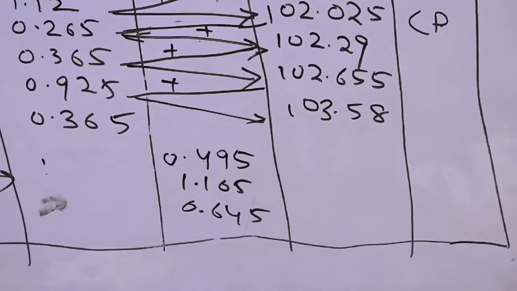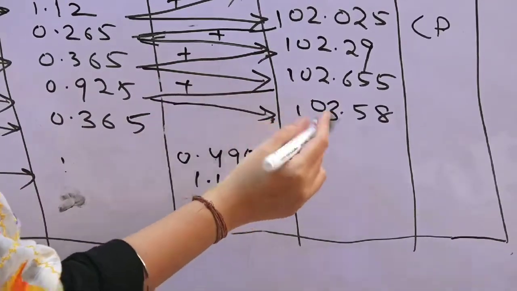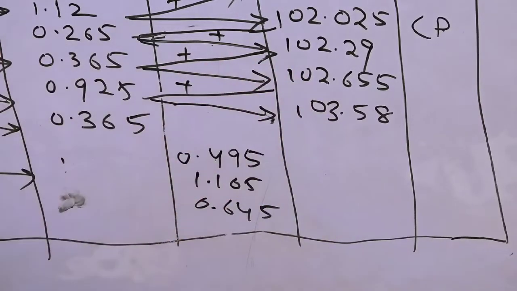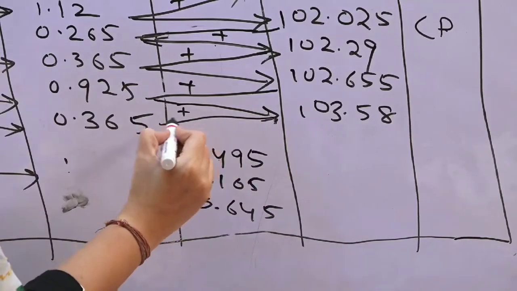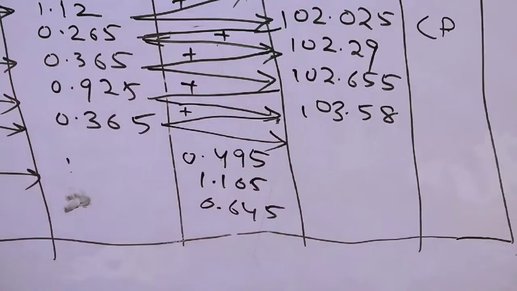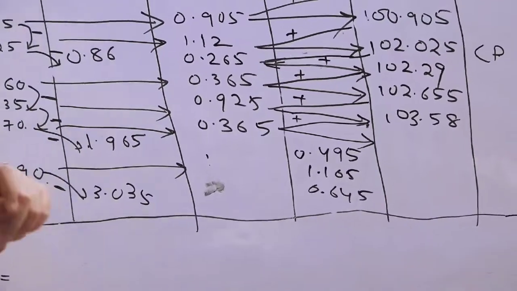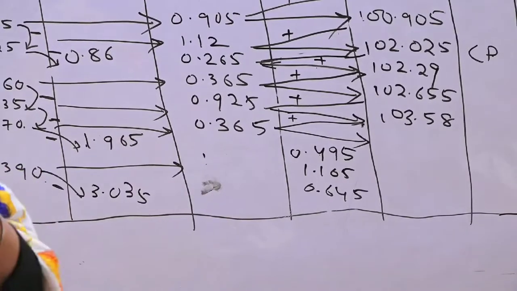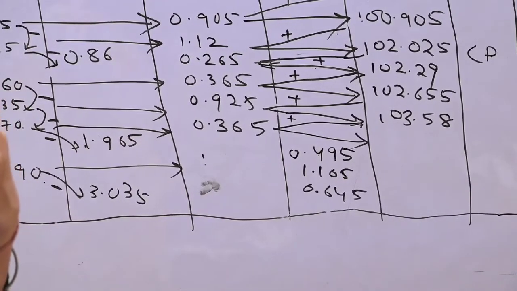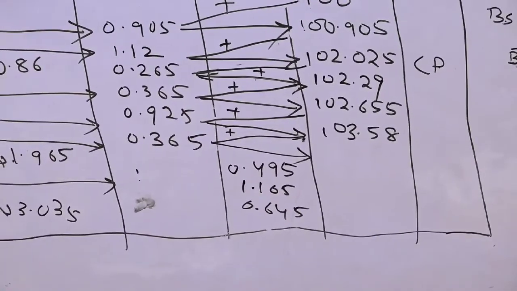Now again, in the similar process, 103.58 plus 0.365 will give the reduced level of the seventh change point, that is 103.945.